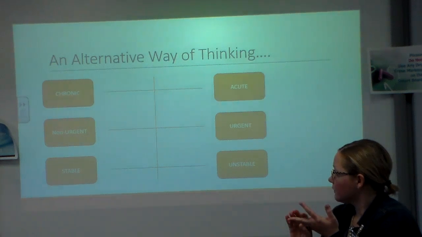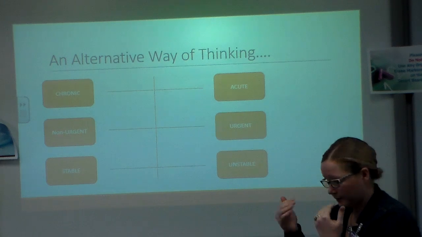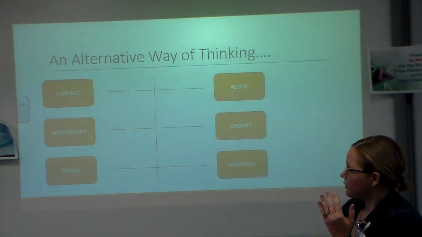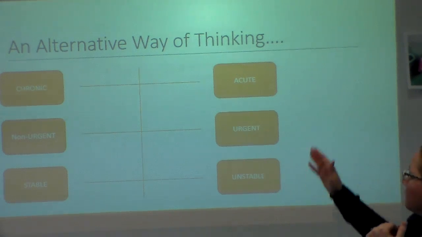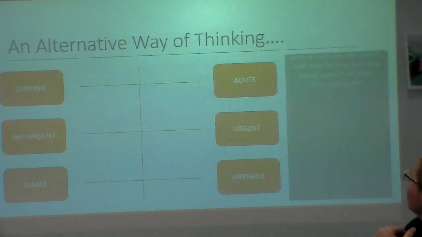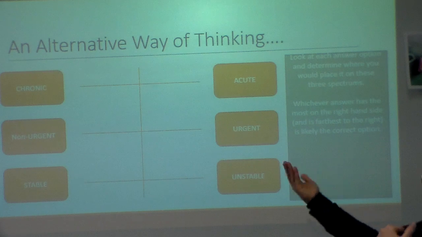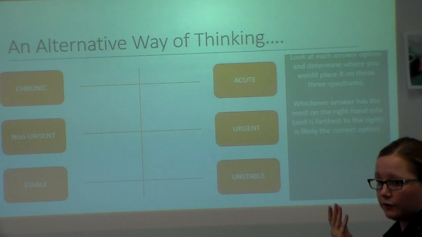And the last one is, are they stable or are they unstable? The goal is to look at each answer option and place them on a spectrum for each of these categories. As we go through it, it'll make a little more sense. Whichever answer has the most to the farthest right will be the priority patient that you should see first.